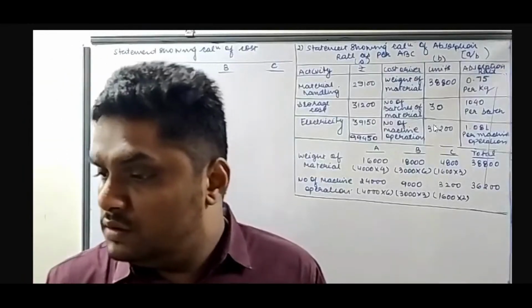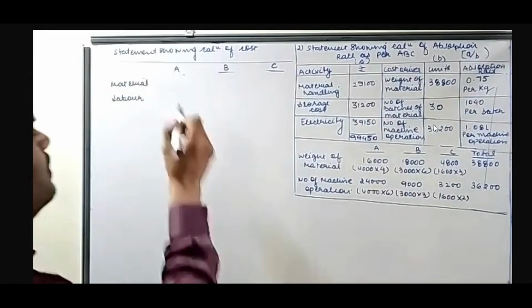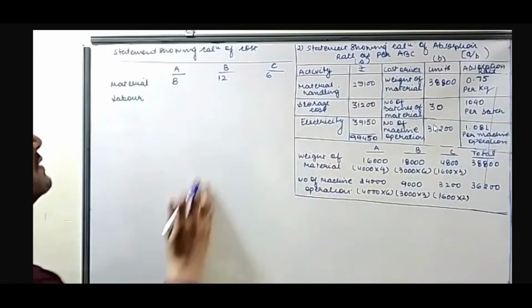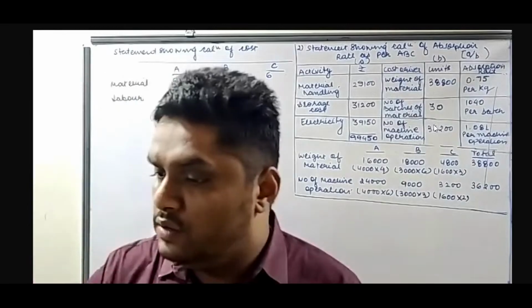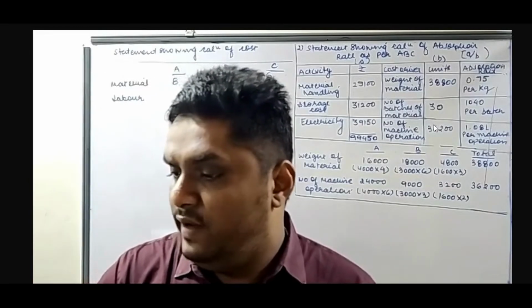The material cost is 8, 12, and 6. The labor cost will be 5, 7.5, and 10.